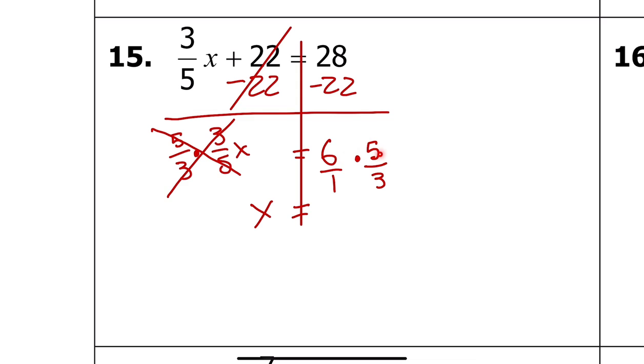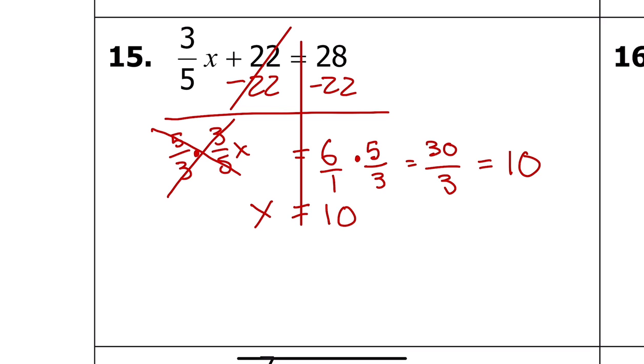So we got 6 times 5, that's going to be 30, and then we have 1 times 3, that's going to be 3. Then we have to simplify. So we have 30 divided by 3, that's going to be 10. So x will equal 10.